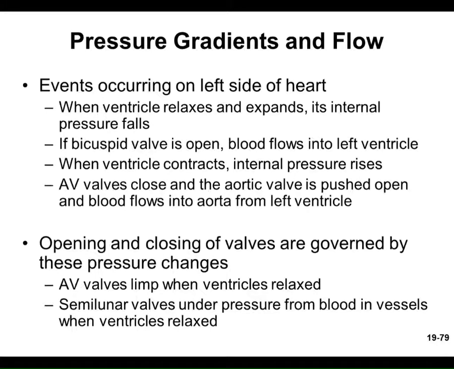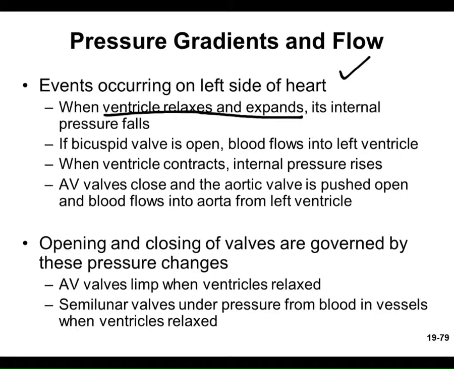So let's think about the left side of the heart for a second. Left side of the heart, bigger, stronger side, right? And when the ventricles relax, they're going to expand. Just imagine the ventricles were contracting, now they are relaxing. And as they relax, they're going to expand, and therefore the volume of the ventricles would do what?